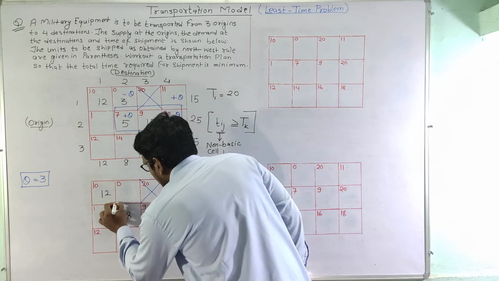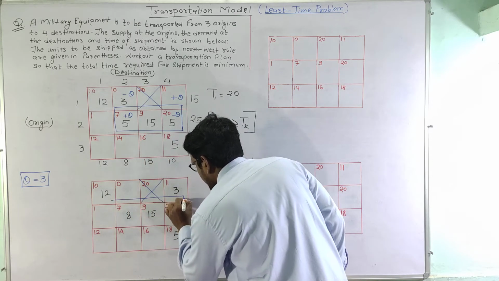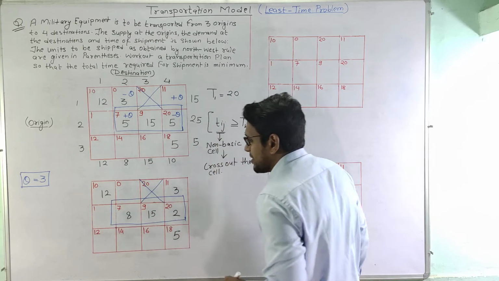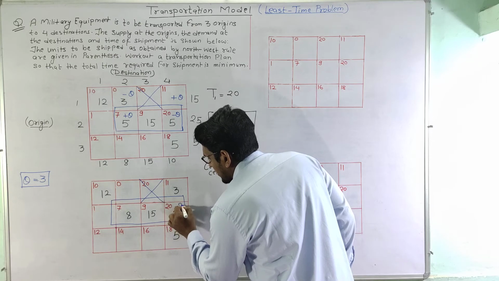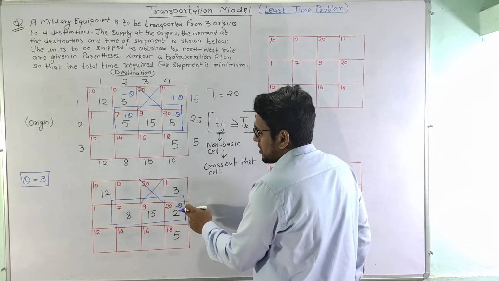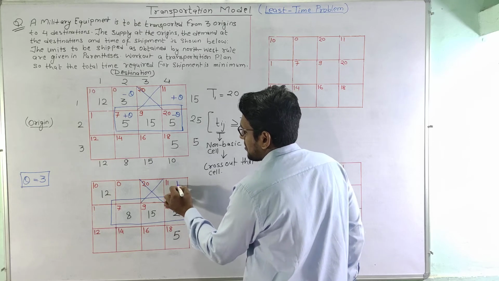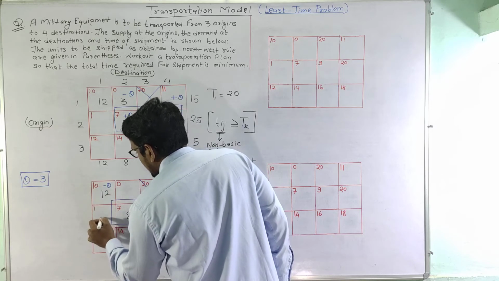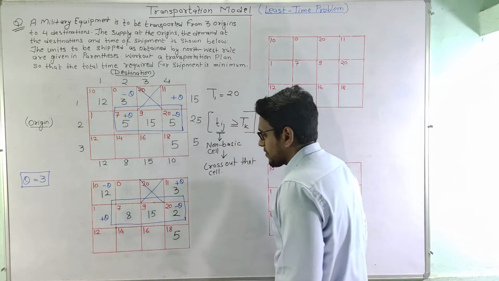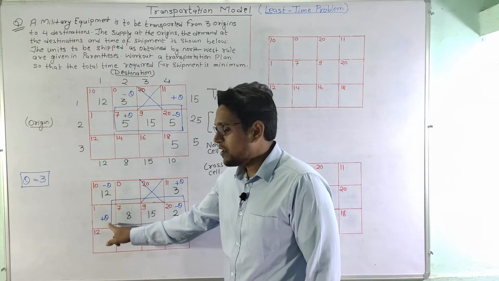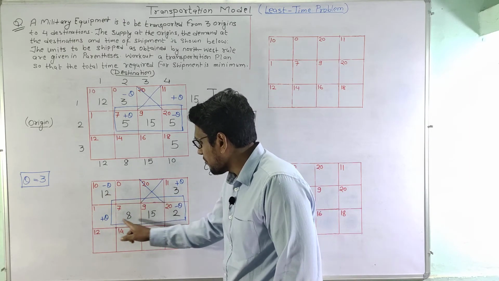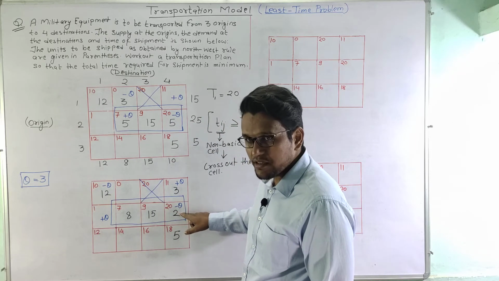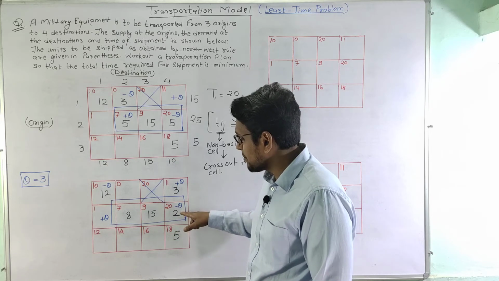So let us see here, this is forming a loop again this time, and our objective is to subtract value theta here. So if this is minus theta, this will be plus theta. If this is plus theta, this is minus theta. If this is minus theta, this is plus theta. Okay, so after allocating theta value here, this has definitely formed a loop, and our objective is to minimize this or to make it up to 0.